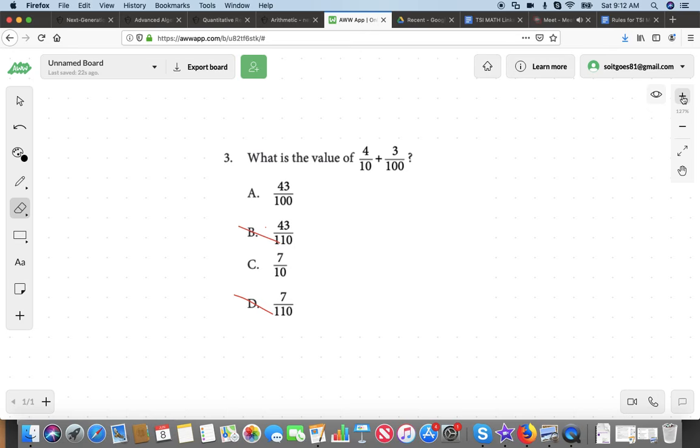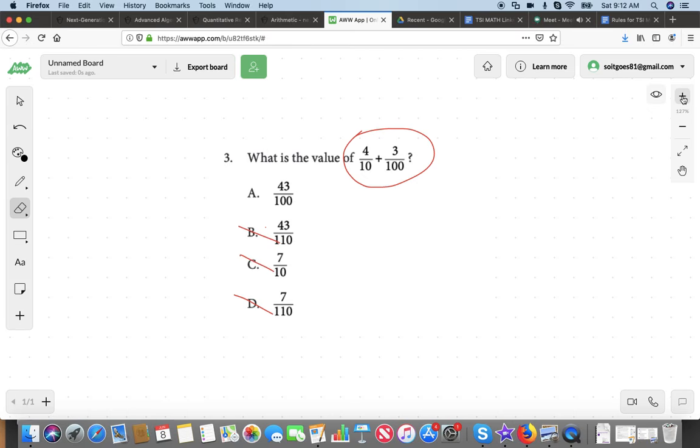And there's no way, and we talked about it right off the bat, 4/10 plus 3/100. 3/100 is barely anything. That's just not going to give us anything over 1/2. It's a small hundredth, it's just not that big. 3 out of 100 is very, very small. So just feeling this one out, again, logic and basic estimation, we can eliminate answer choice C.